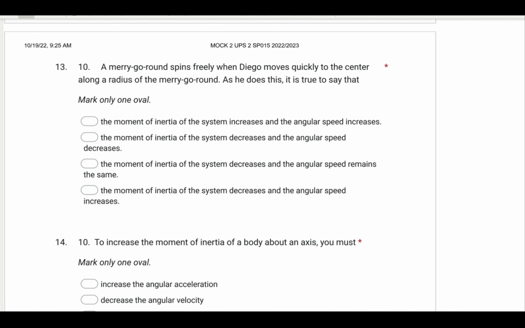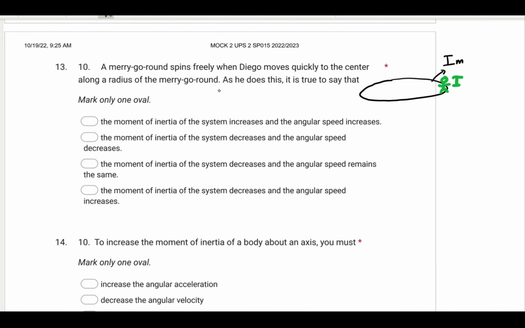Number 10. A merry-go-round spins freely when Digo moves quickly to the center. So, this is a conservation of angular momentum. Okay, so we have the merry-go-round here. Kita tahu merry-go-round ni dia akan ada dia punya moment of inertia. And then kita ada Digo. Digo ni mungkin budak kecil kat sini, duduk sini.